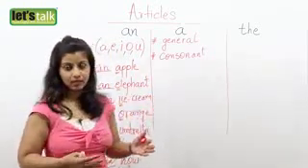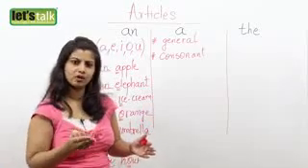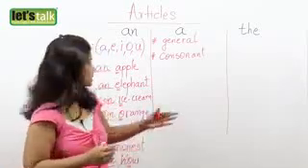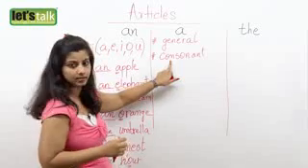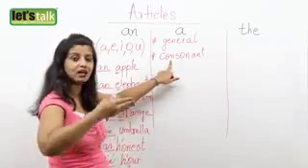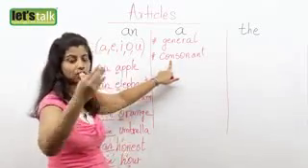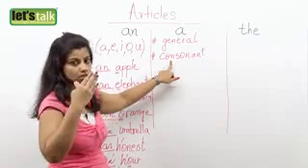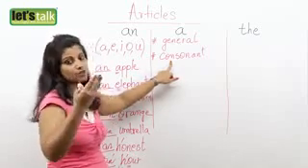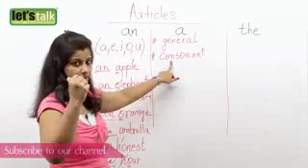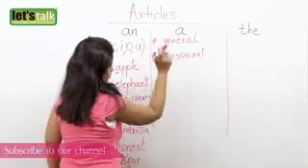Like I gave you an example of a book. B is a consonant. That is why I'm going to say a book. A ship, so S again is a consonant. So I'm going to say a ship. Okay. So 1 and 2.